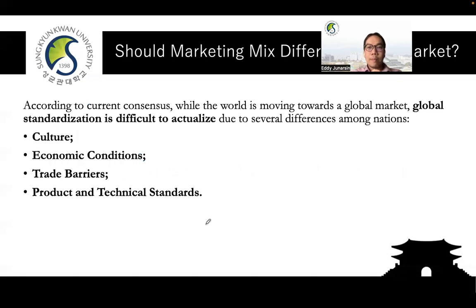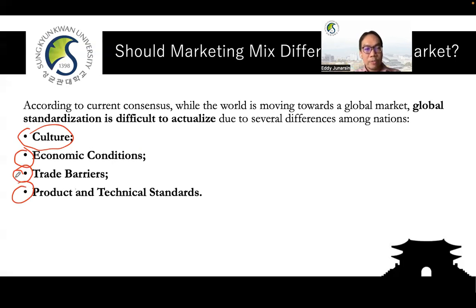Okay, so what makes it a requirement to adapt or to differentiate for each market? You see some factors that we have discussed throughout the semester: culture, cultural differences, economic differences, economic conditions, economic systems, trade barriers could be another factor, and product and technical standards.